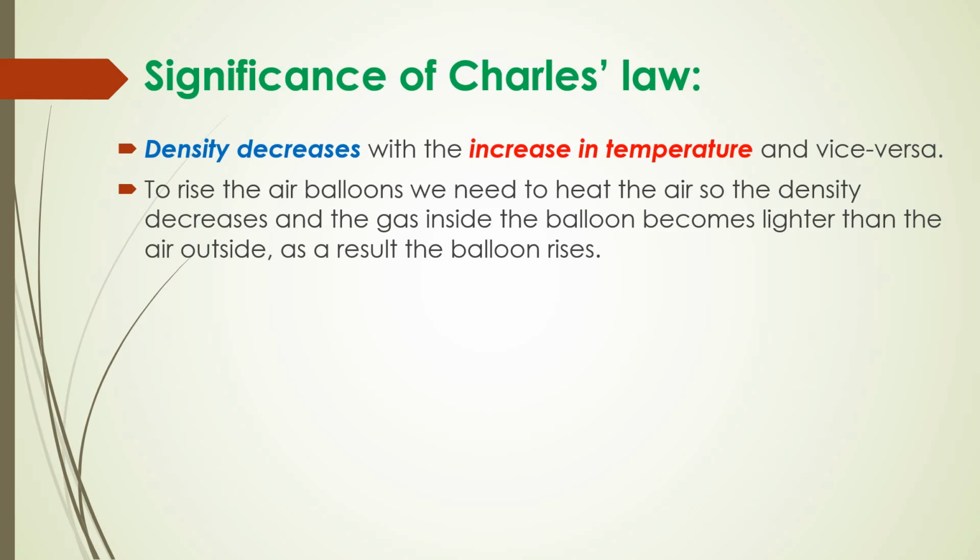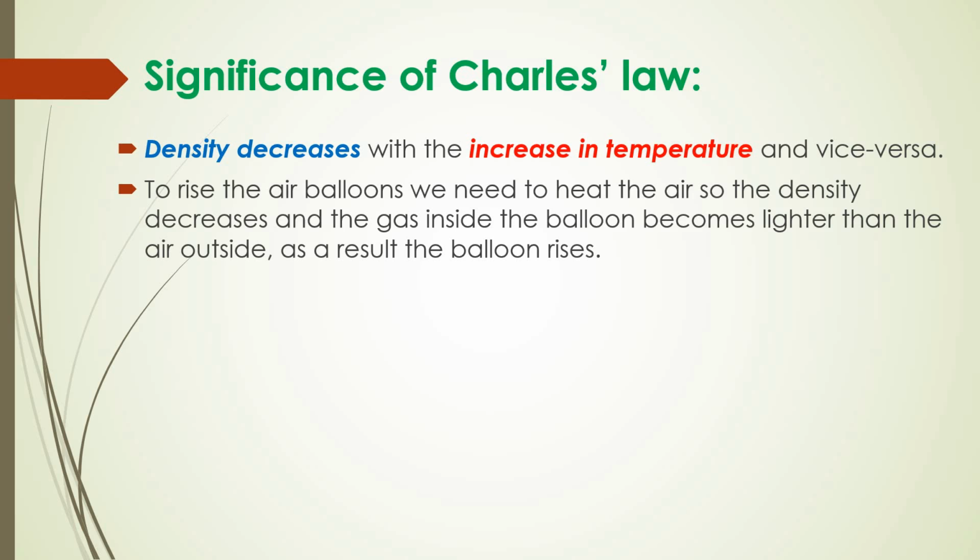And in order to bring the air balloon down to the ground, what do we have to do? We have to stop heating the air inside the balloon, so that again the volume of air decreases, due to which density increases, as a result of which the air inside the balloon becomes denser and heavier, and the balloon slowly comes down to the ground.